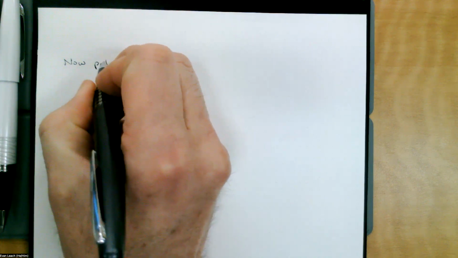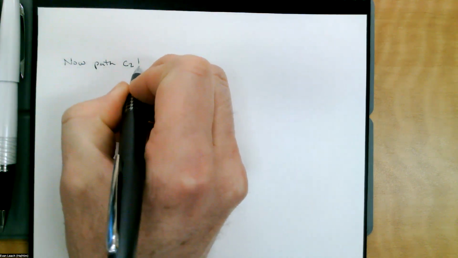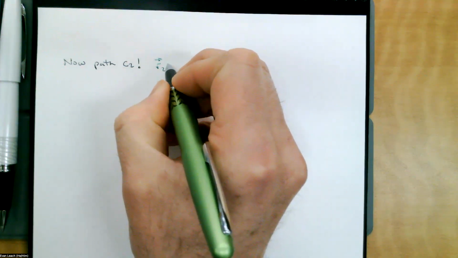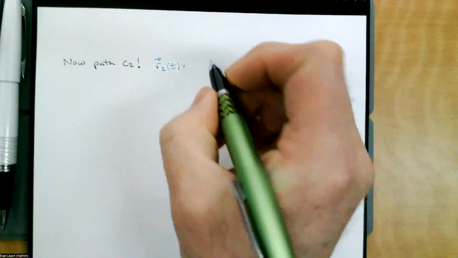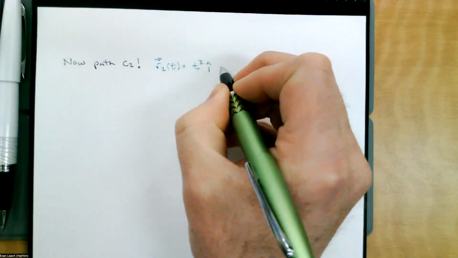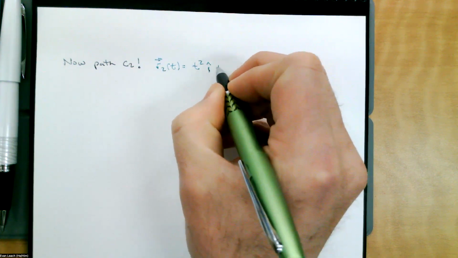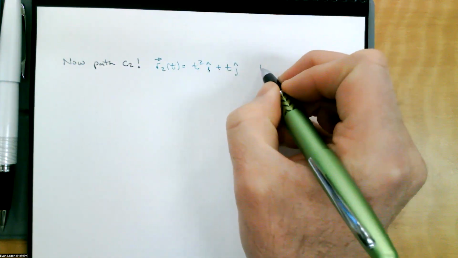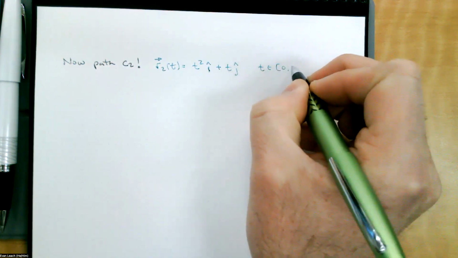For the path C2, our parameterization was switched around. We have t squared i plus t times j. Once again, for t going from 0 to 1.